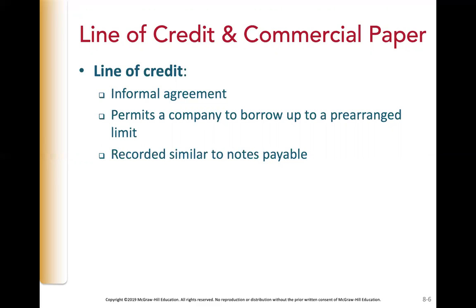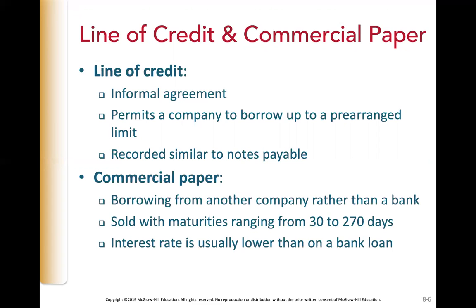Other than that, the journal entries are similar. When they actually go to borrow the money, you would record it the same way. You would record the interest the same way, and you would record the payment the same way. The difference is that when the actual line of credit is negotiated, there is no transaction. Nothing has actually occurred. No money has changed hands.